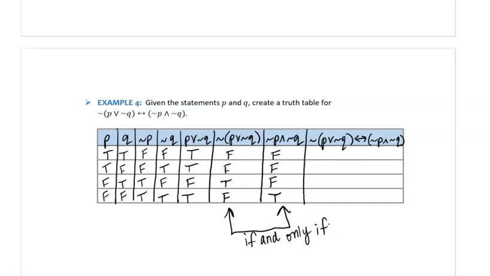And if we remember our rule of thumb, biconditional statements are true when both parts have the same truth value. So in the first row, we have both parts being false. In the second row, we have both parts being false. The biconditional statement will be true in those cases.